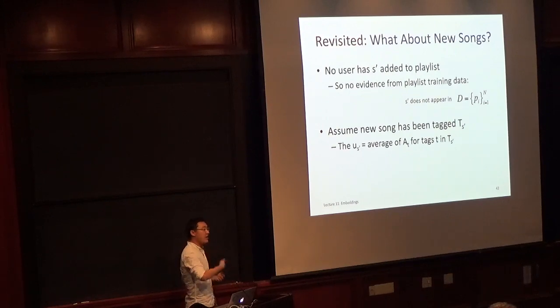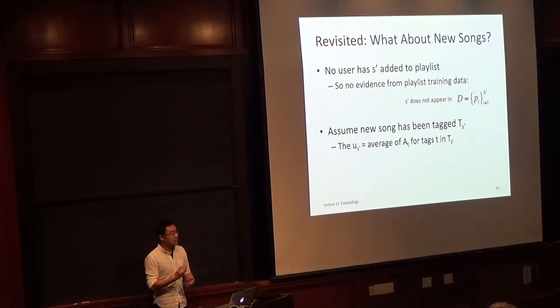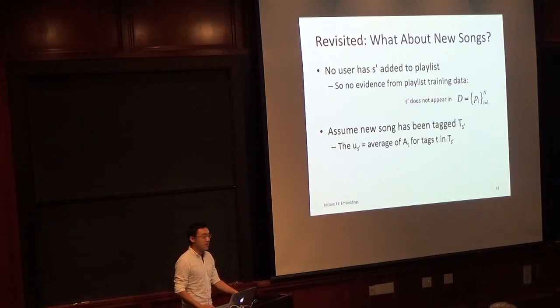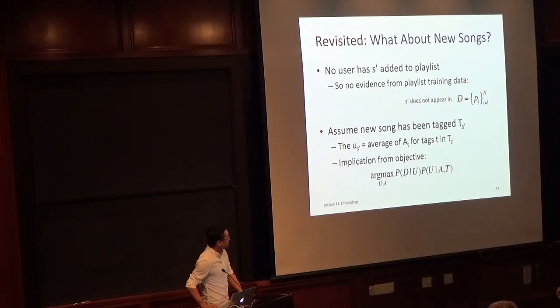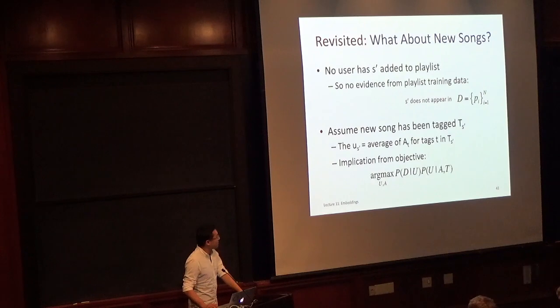And then as we collect data about how users add this song to playlists, we can re-estimate the embedding. I don't want to get too deep into it, but that's actually implied from the probabilistic interpretation of the objective function.